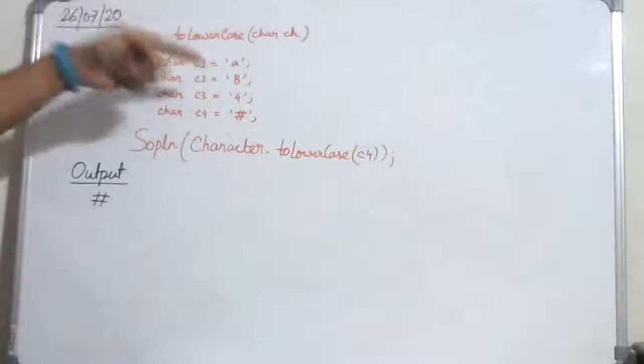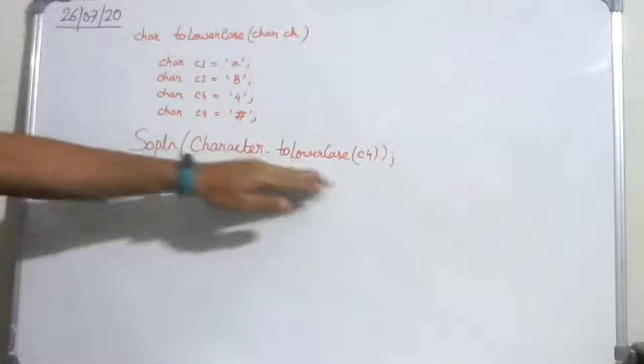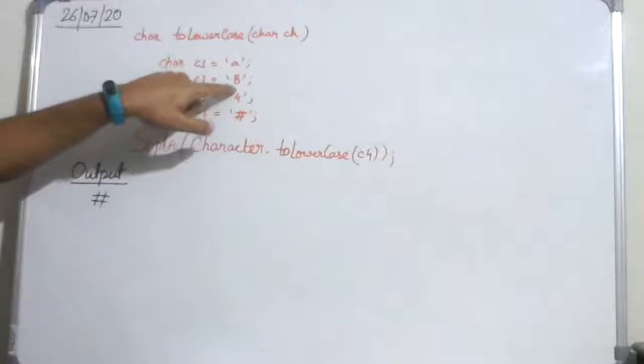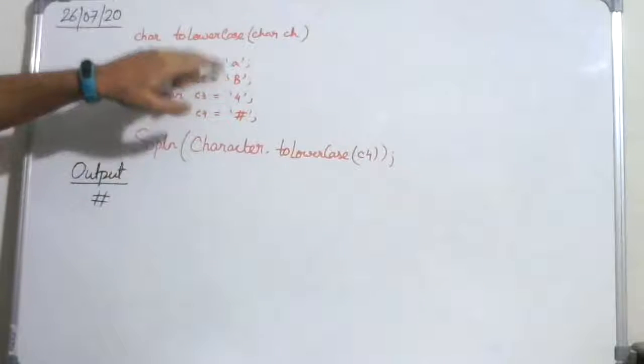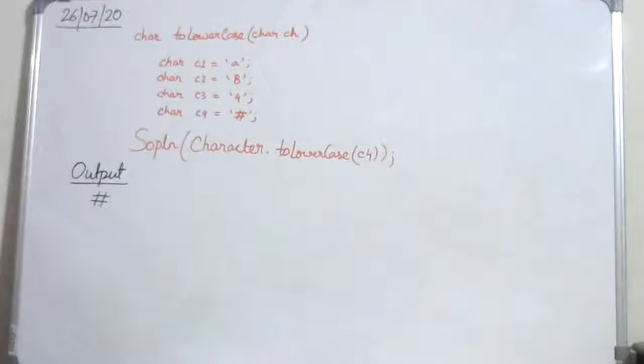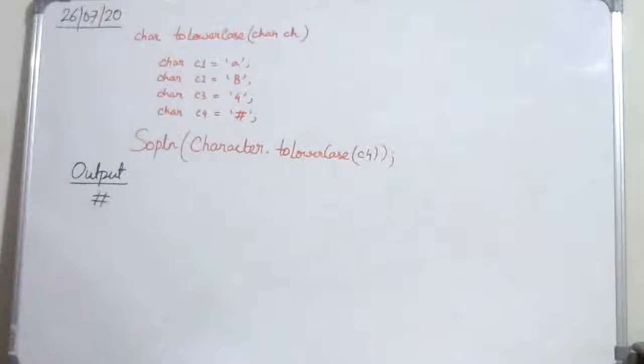But if it is already in lowercase, it will return the value as it is. So regarding changes, it only works on uppercase values. Other than that, everything is returned as it is. Only if you give an uppercase value as an argument, it will change that to lowercase and then return it.